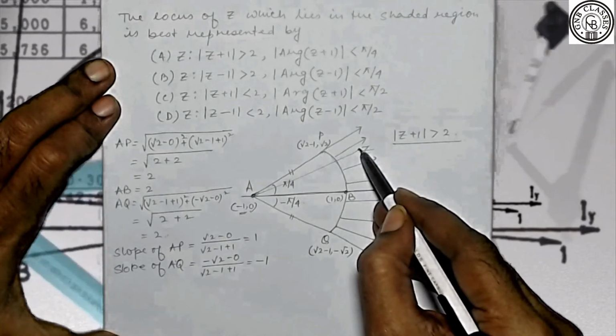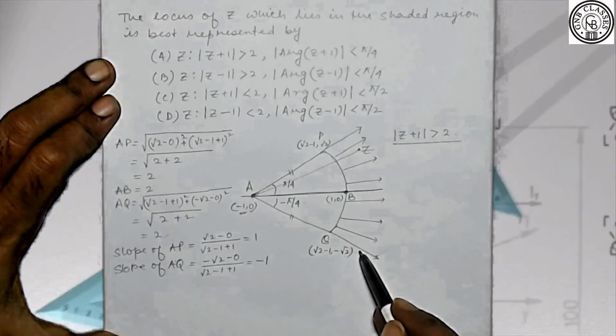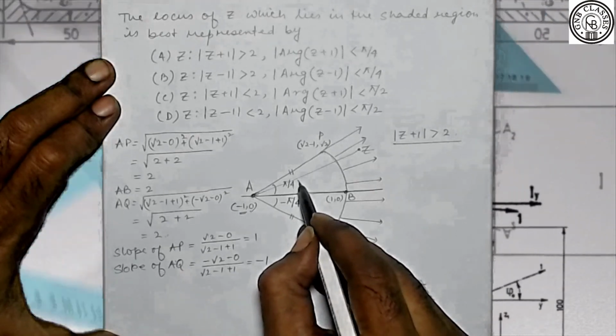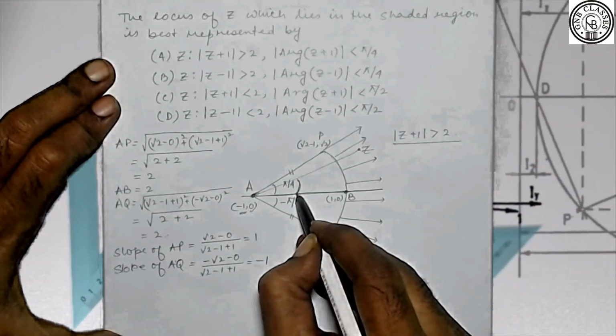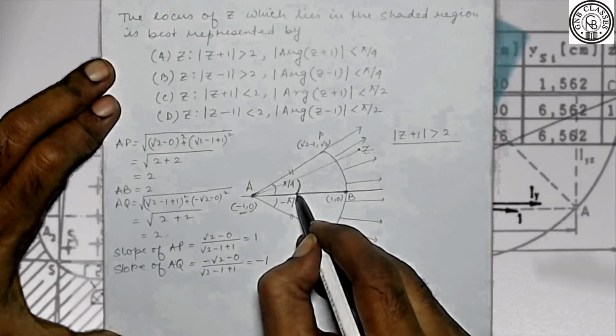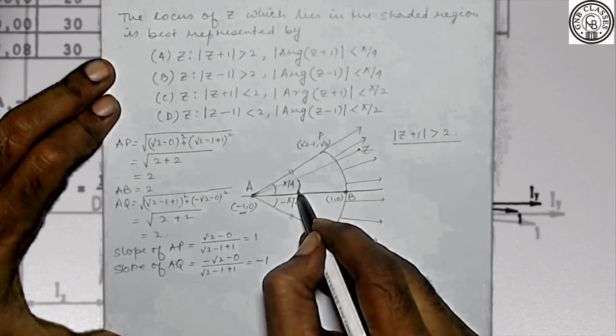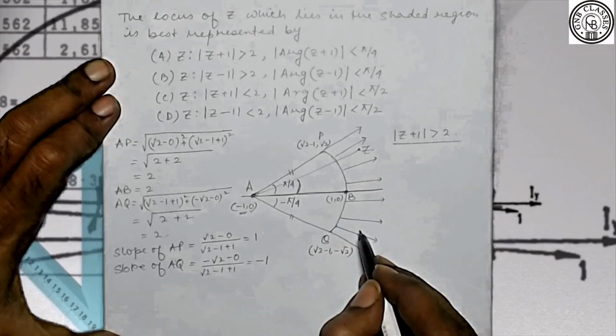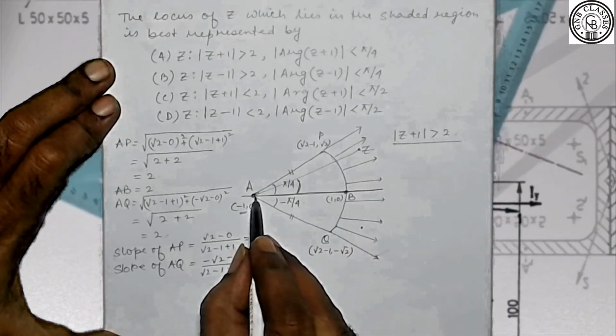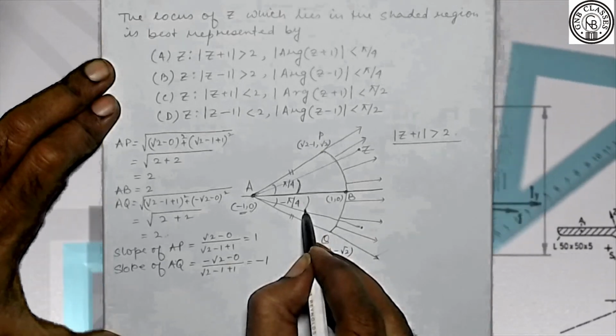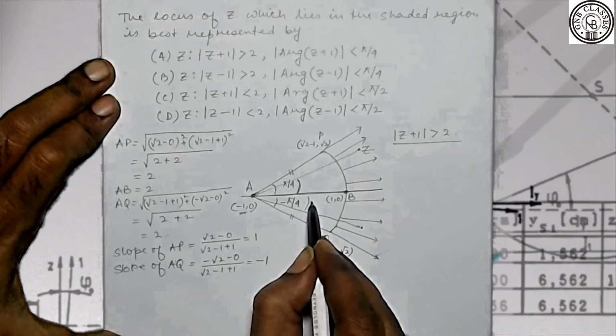Now anywhere Z lies in the shaded region, look carefully, the argument of the point associated with the complex number Z will be less than pi/4. And if Z is here, then the argument is this angle, which is more than -pi/4.